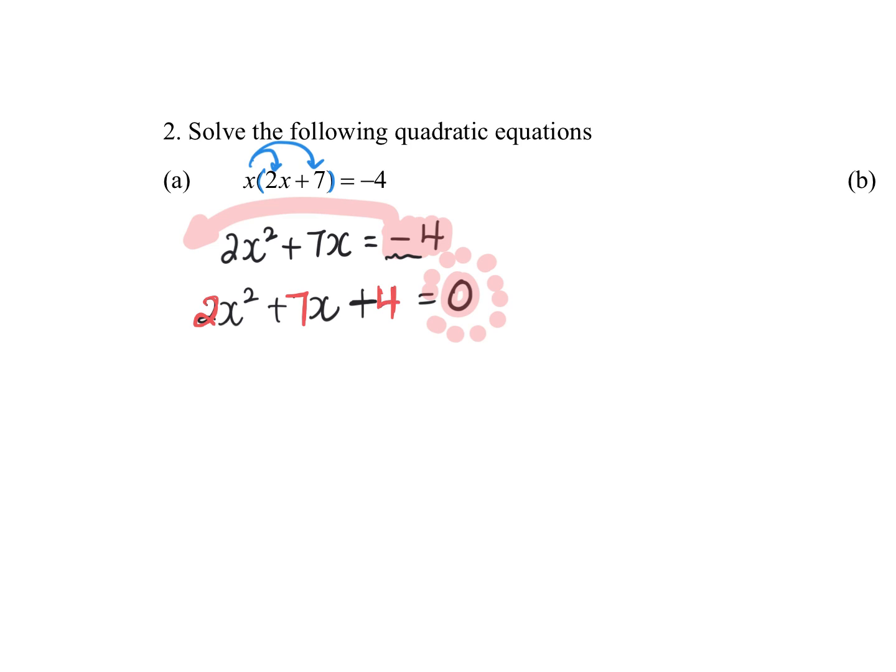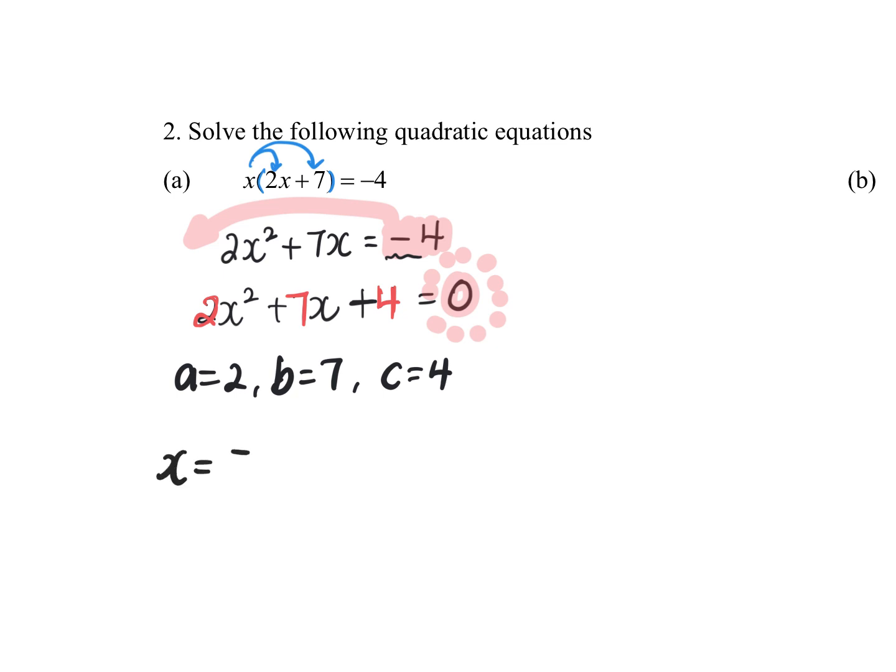So using our equation, x equals to, forgot to write a, b, and c. A equals to 2, b equals to 7, c equals to the number 4. Then we plug it into our equation.